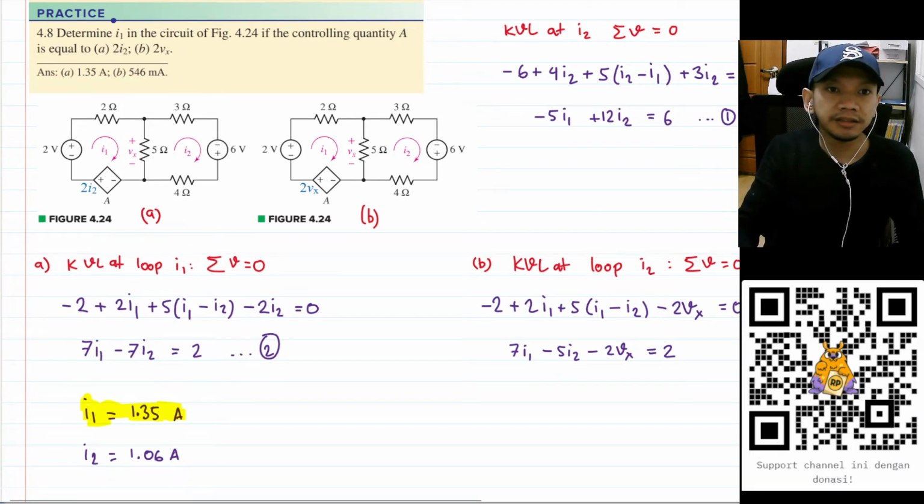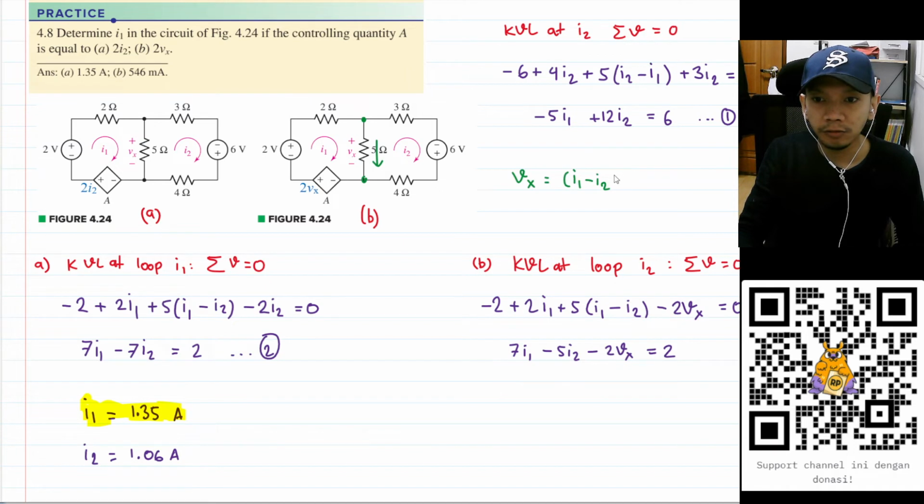Okay, let's take a look at this circuit. So Vx here is the voltage here minus the voltage here. So we can draw the current here, and this current is I1 minus I2. So we'll have Vx is equal to I1 minus I2 multiplied by 5.